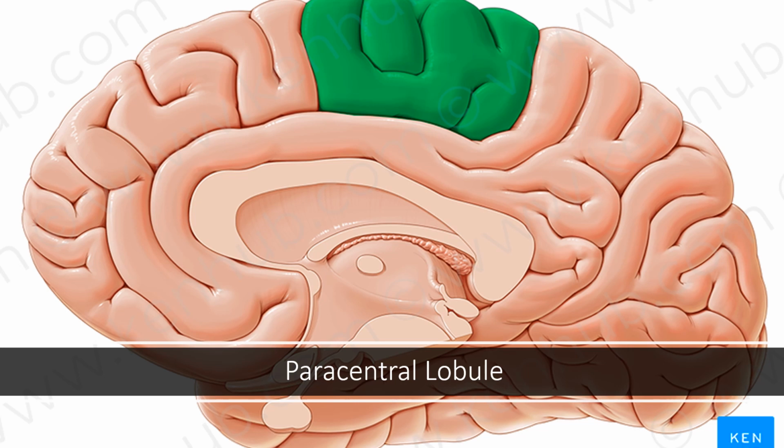The important gyrus highlighted in this picture is the paracentral lobule. We have already seen the function of the paracentral lobule and its boundaries. Please note, the paracentral lobule is indented by the downturned upper end of the central sulcus.